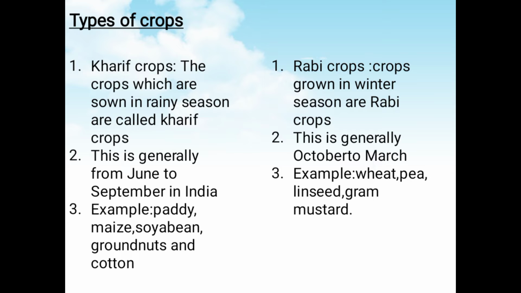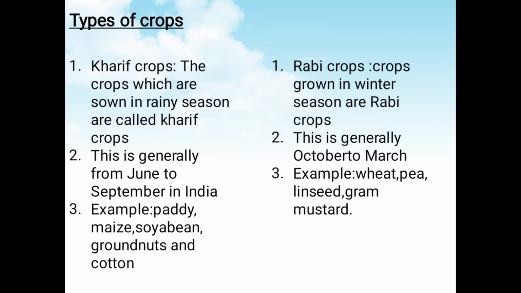So what are rabi crops? Crops grown in the winter season, that is from October to March, are rabi crops. Examples are wheat, pea, linseed, gram and mustard.